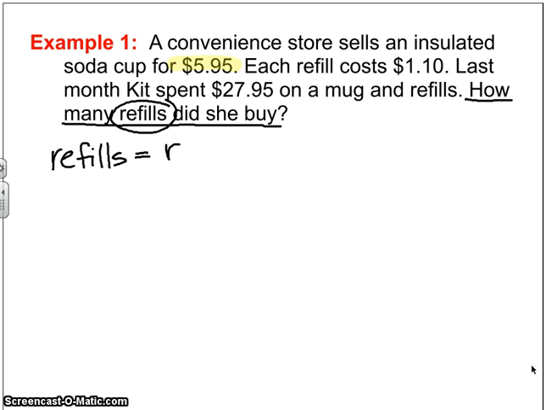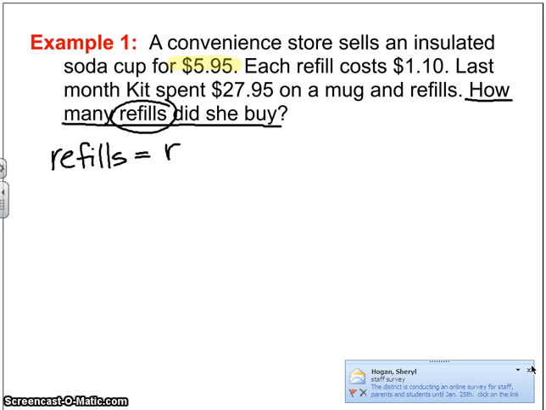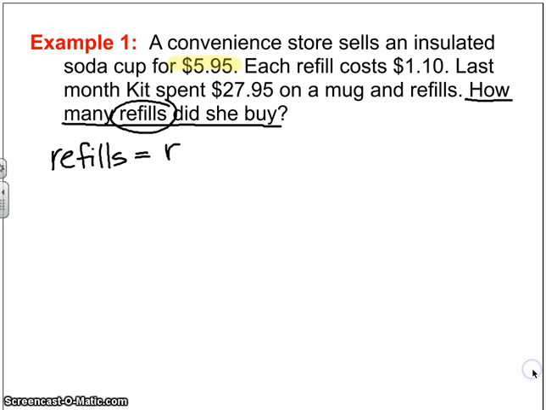Something that occurs one time would be associated with an addition problem. If it's something that occurs multiple times, you're going to want to consider multiplication or division. Okay, so they sell an insulated cup for $5.95.